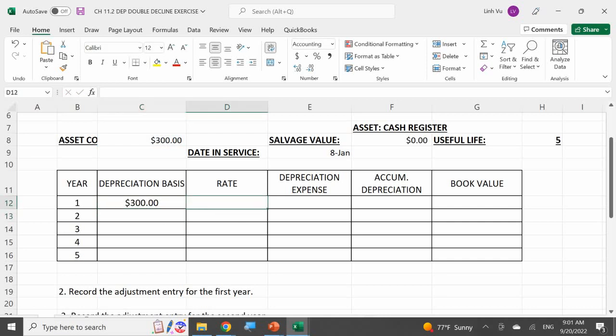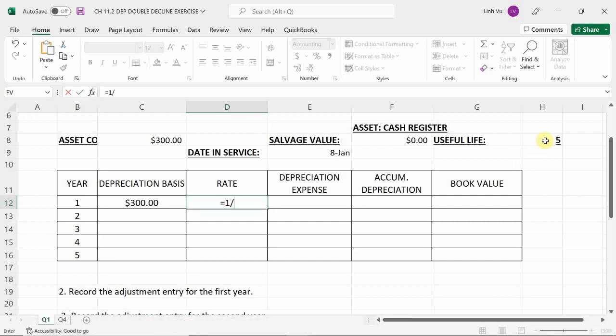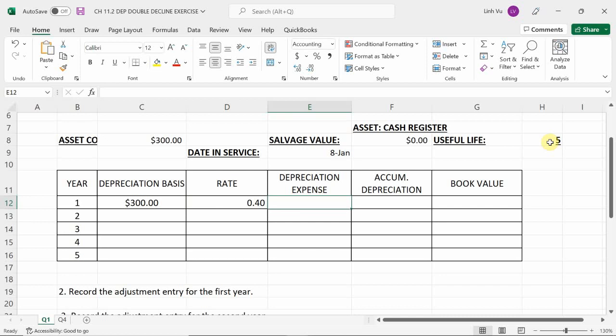What's my depreciation rate going to be? 40%. Because it's 1 divided by the estimated useful life of 5 years, multiplied by 2. 1 divided by 5 is 20%, times 2 is 40%. So for the first year, what is my depreciation expense?